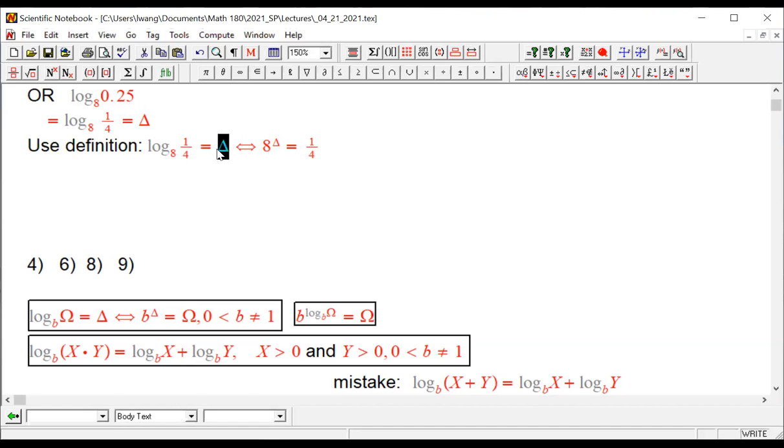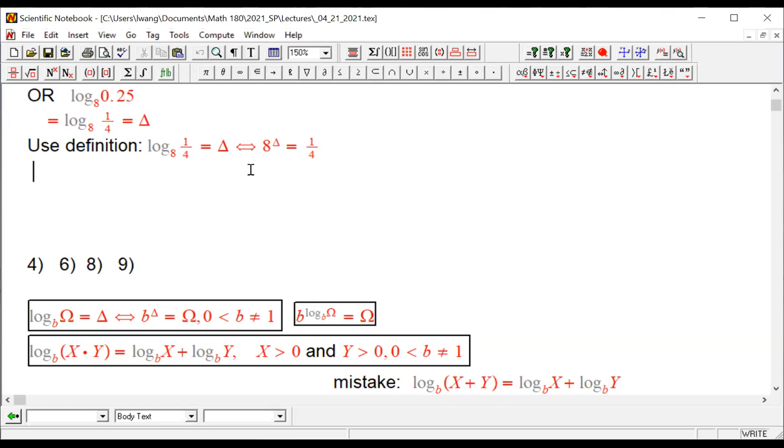You guys follow me? By using the definition, assume this is a triangle, or you can use X if you want to. A lot of people like to use X, no problem. Then this logarithm question is transformed to this question. You guys see that?